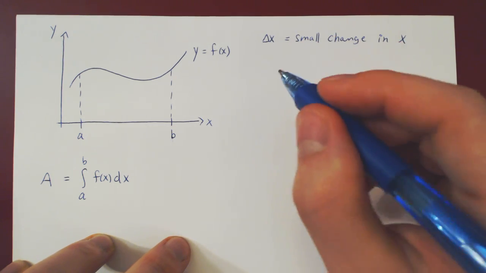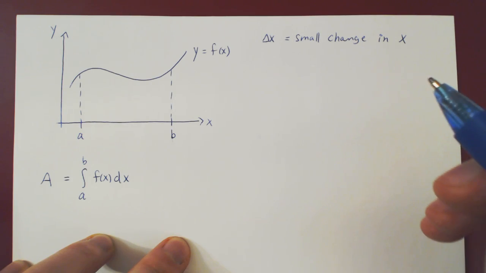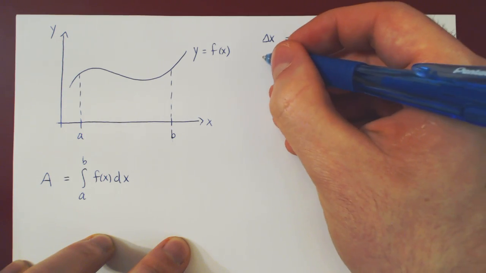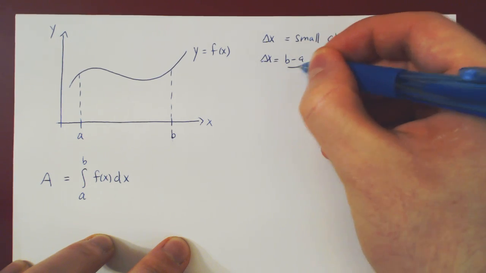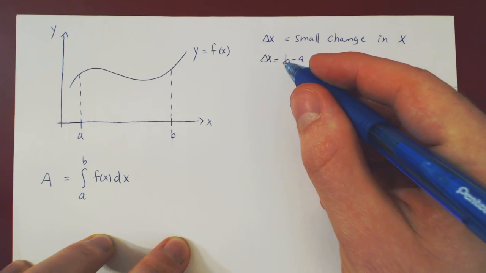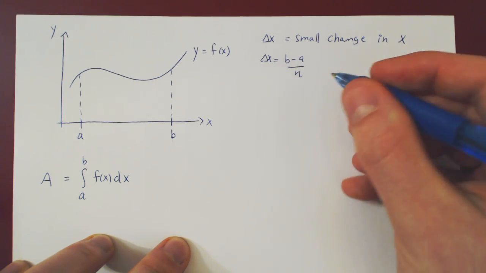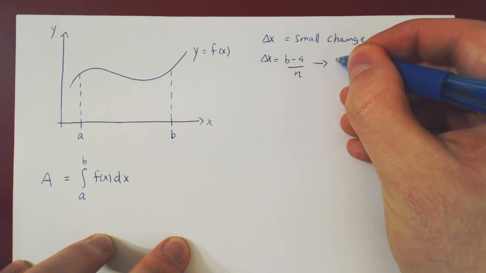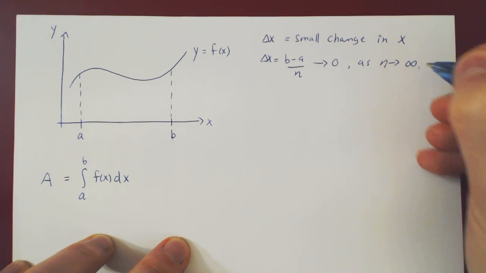Now, we know that to get the exact area, we have to let n approach infinity. But if you remember, delta x is the length of the interval over n. And as n goes to infinity, b minus a being a constant, b minus a over n will shrink to 0. So this will approach 0 as n approaches infinity.